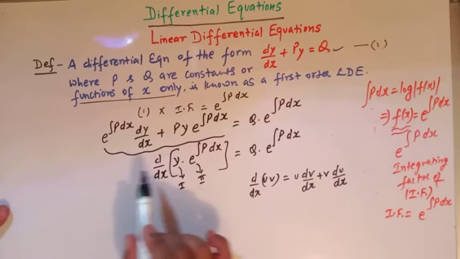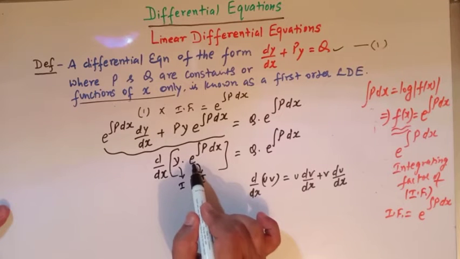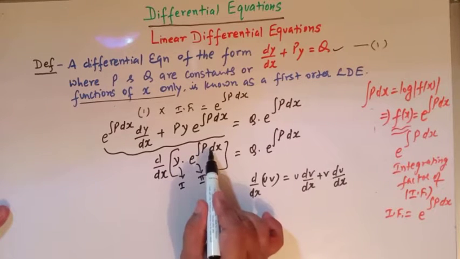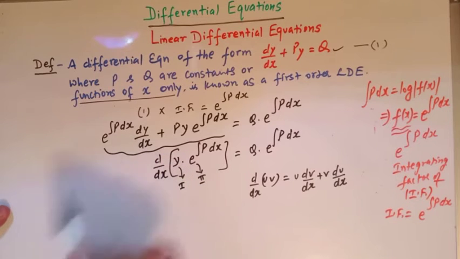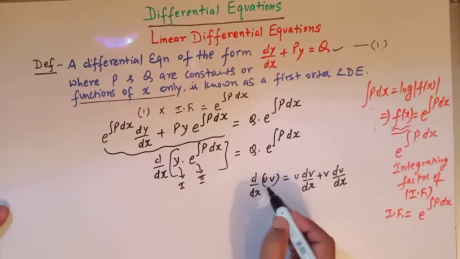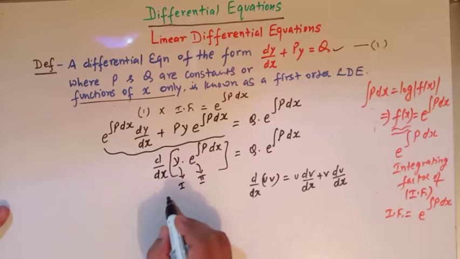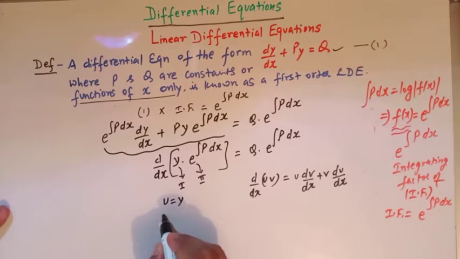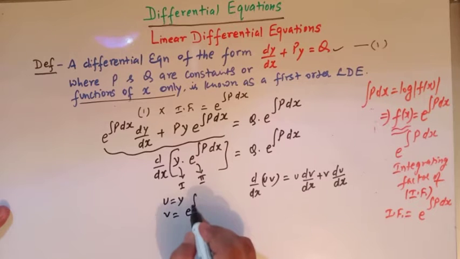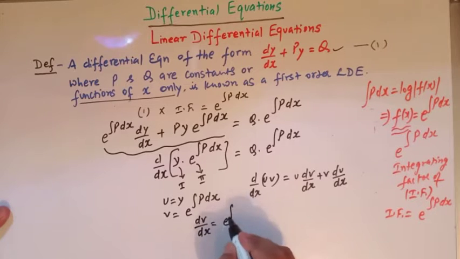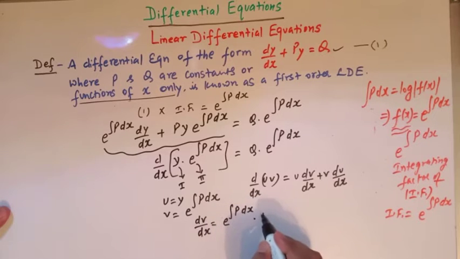Then we have the second function as e raised to integral of p, and then the derivative of y. Or in other words, u is y here and v is e raised to integral of p dx, and the derivative of v with respect to x is e raised to integral of p, and then by chain rule we have p.